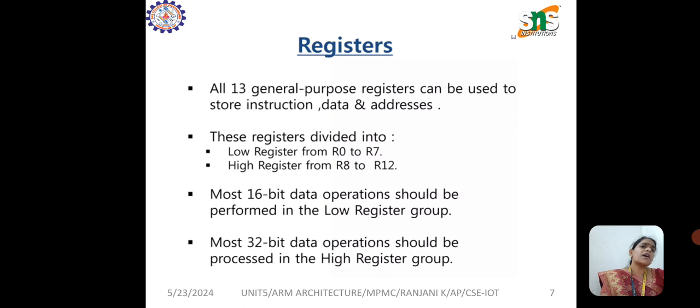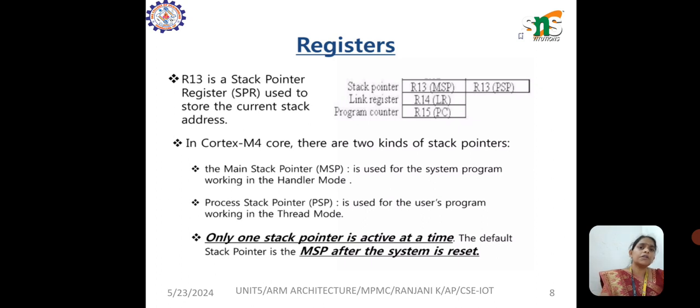Most low registers are operated with 16-bit operation, whereas the high registers are operated with 32-bit operation, where R13 is a stack pointer register used to store the current stack address. So the Cortex M4 has two kinds of stack pointers, that is the main stack pointer and the process stack pointer, which are used for system organization and user programming.